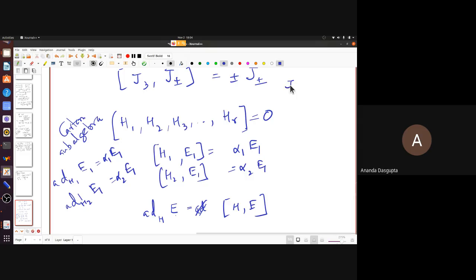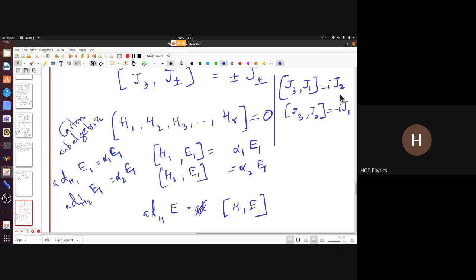So you just start with J3. [J3, J1] is iJ2, [J3, J2] is minus iJ1. These are not eigenvalue equations in our sense, that is, on the right hand side you don't get the same operator that was sitting on this side.